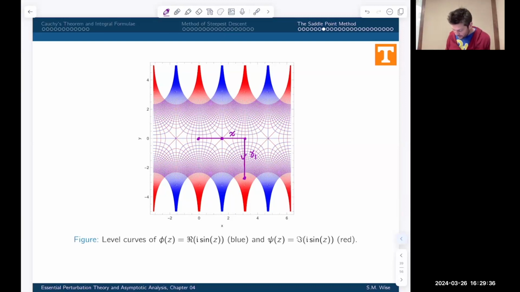Well, I know I have to go along this contour, so there's the contour I have to take down along there. And I have to continue along this one, and I'm going to use a symmetric point up here somewhere. I can't easily draw the symmetric point without drawing this one. Let's do that. Okay, so now I can connect it.